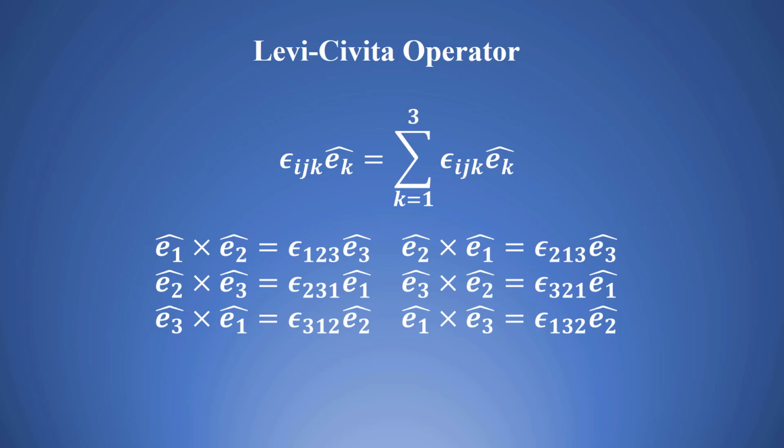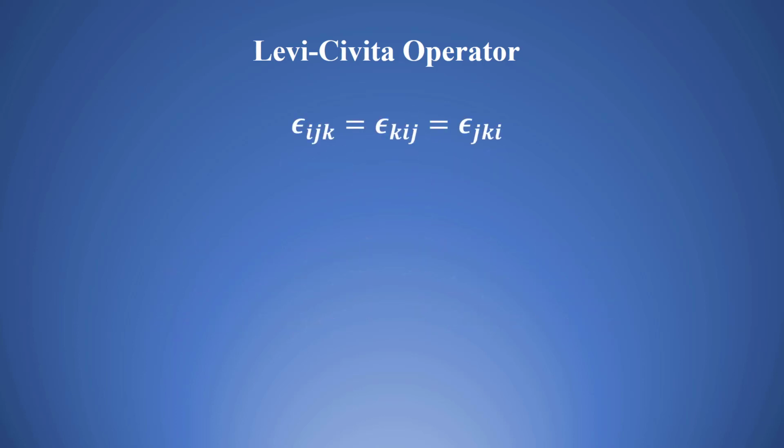Because E1 cross E2 equals epsilon 12k ek, which equals the sum of epsilon 12k ek, which is equal to epsilon 123 E3. And the same thing is true for all the cross expressions.